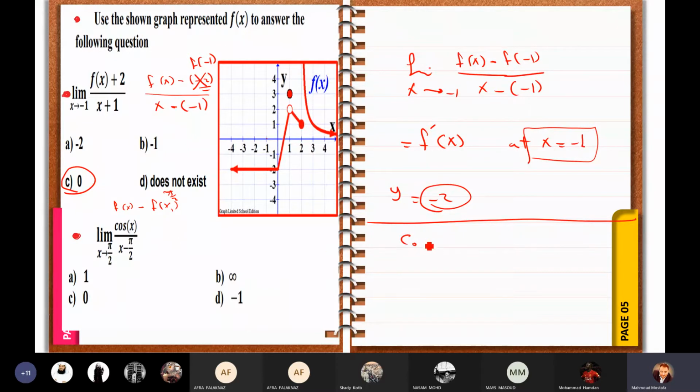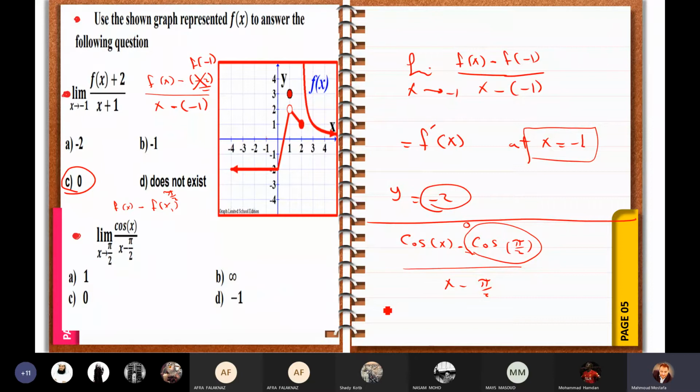So we have cosine x minus cosine pi over 2 over x minus pi over 2. But mister, you subtract cosine pi over 2 and you didn't add it. Yes. Why? Because cosine pi over 2 is 0. I can add 0 or subtract 0, it doesn't matter, right? I just want to put it in the same form.